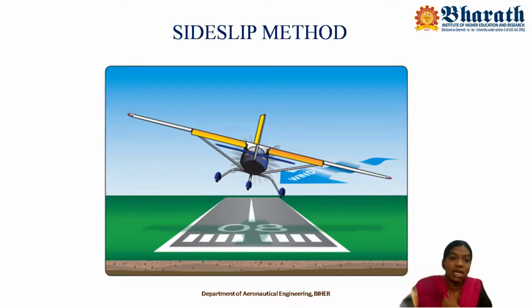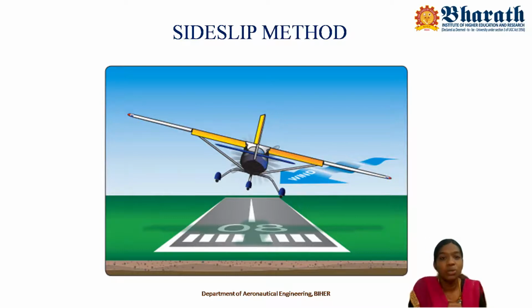So this is what is actually happening during the side slip. So both will be nullified, and it will tend to keep the airplane's longitudinal axis aligned with the runway. So the drift is controlled by the aileron, and the heading is controlled by the rudder. And if the crosswind diminishes, the corrections may be reduced, of course.